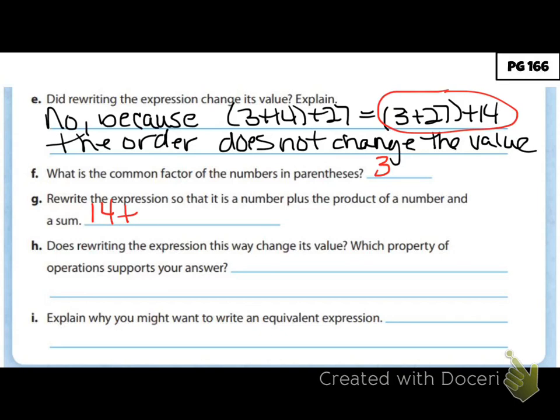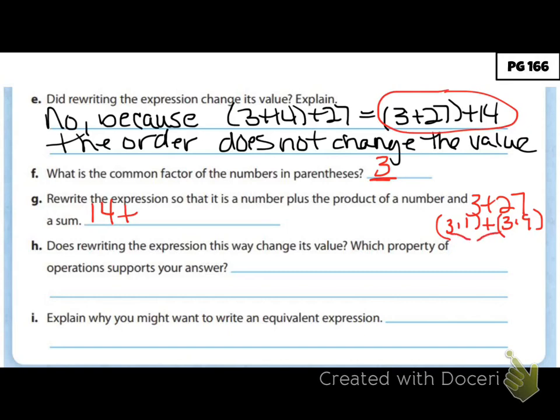If I take my 3, so I have 3 plus 27, if I write these as multiplication problems, so 3 times 1 would give me 3, and I add 3 times 9 because it gives me 27, I can now take my common factor, the 3, and I can pull that out.